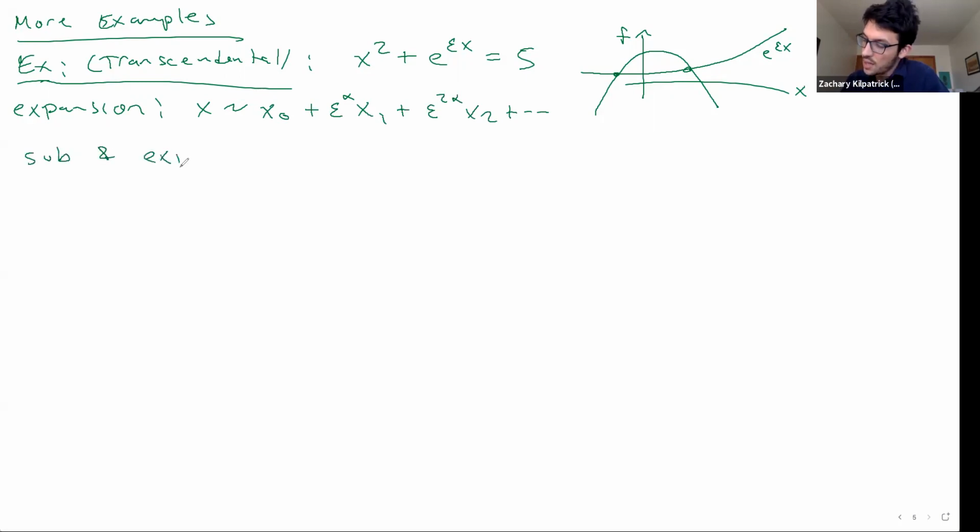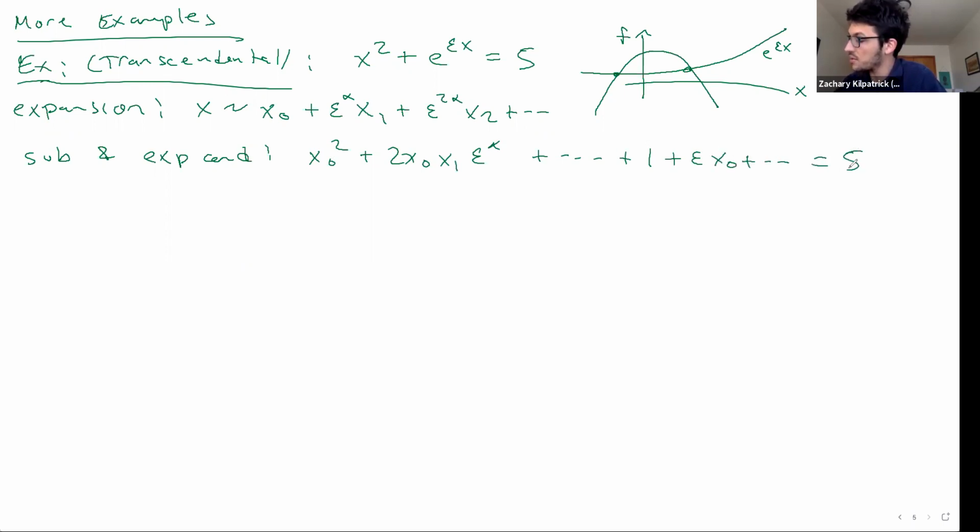So if I sub this in and expand, I get x0 squared plus 2x0 x1 epsilon to the alpha, plus so on and so on, plus, now let's Taylor expand our exponential, 1 plus epsilon x0, plus so on and so on, equals 5.